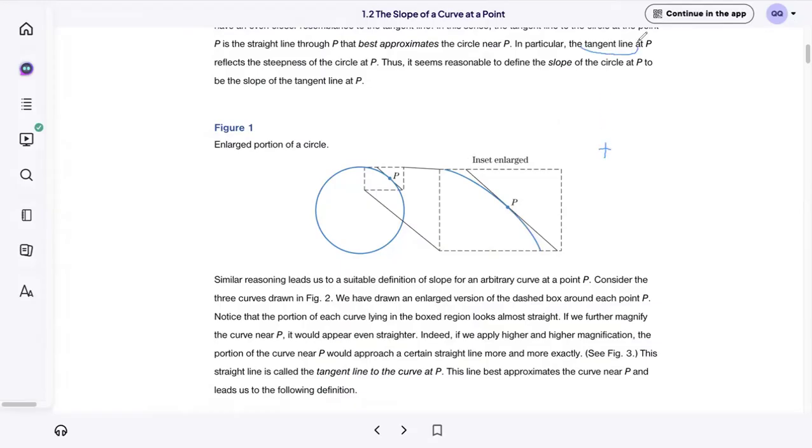Any line has the y equals mx plus b form, right? Any straight line we can write as y equals mx plus b, or f of x, a linear function. And then what is the derivative at this point? What is the rate of change at this point? That's the slope, m.